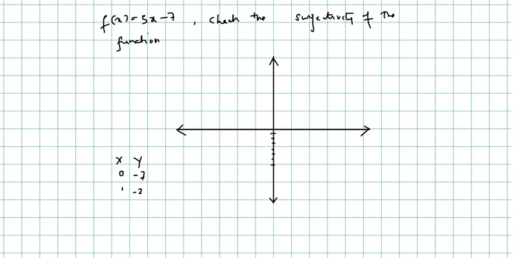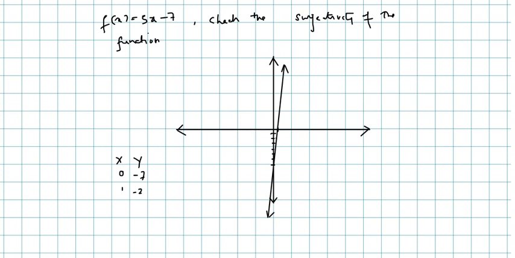So, x is 1, y is minus 2, and this is the point. The graph will be going something like this. This is the curve, approximately a general curve.